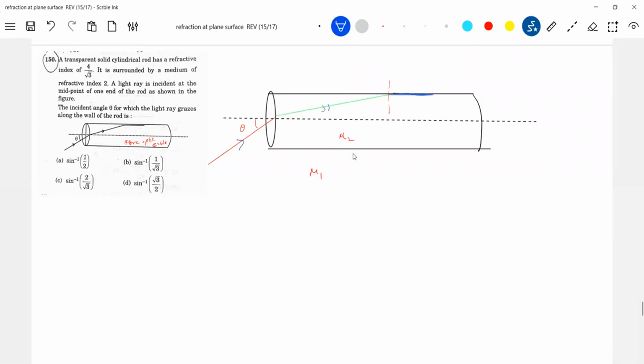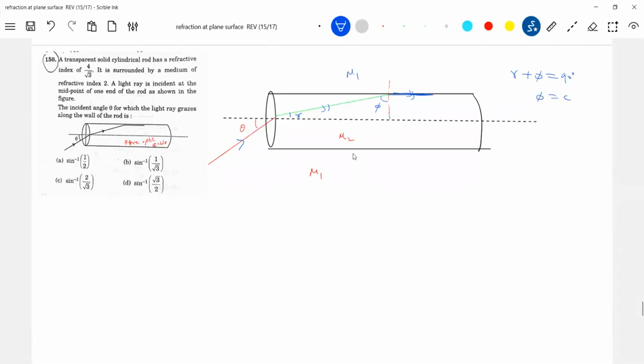Let me start like this. This is theta, call this r, and this is phi. Then r plus phi should be 90, which is one basic condition. Then this phi should be equal to the critical angle.